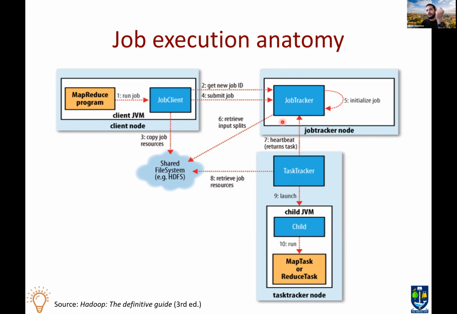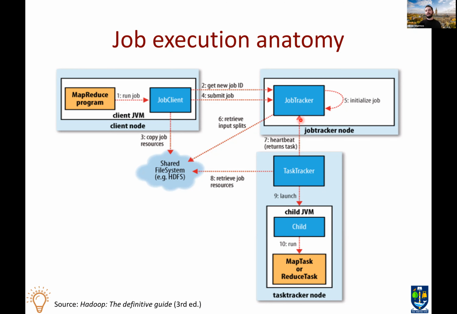Now, this is a pattern here that we've seen with HDFS as well. Instead of the job tracker reaching out to the task trackers, or, last week, instead of the name node reaching out to the data nodes, what happens is that the name node just waits there. The data nodes heartbeat every now and then to the name node. And in this case, the task trackers heartbeat every now and then to the job tracker.